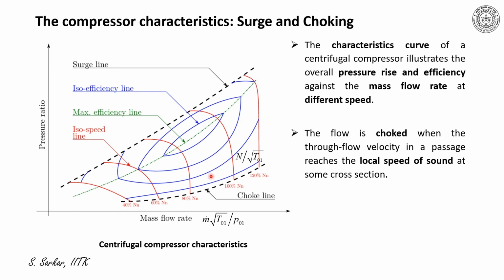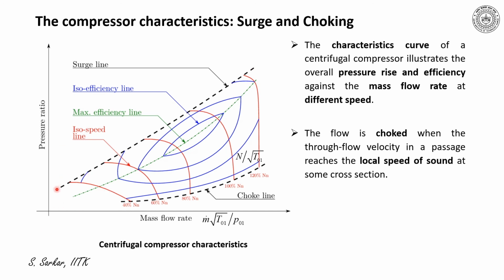These are the characteristics for increasing speeds. Furthermore, the iso-efficiency lines, which are indicated by blue, have also been superimposed here, along with the green line, which represents the maximum efficiency line.